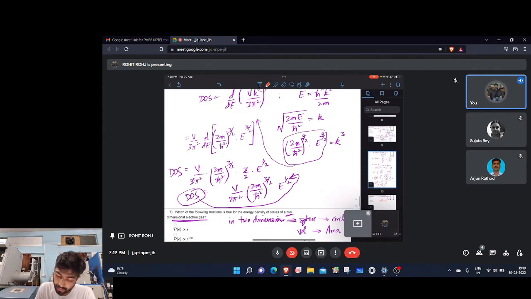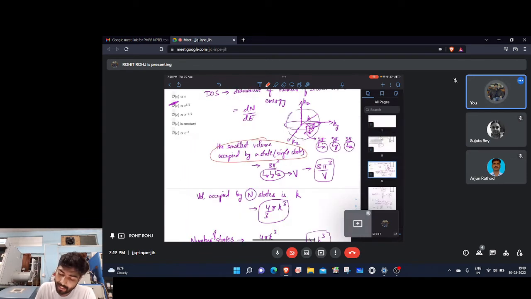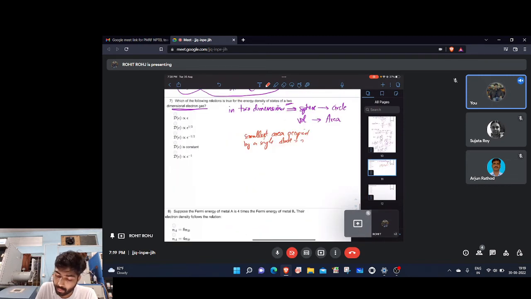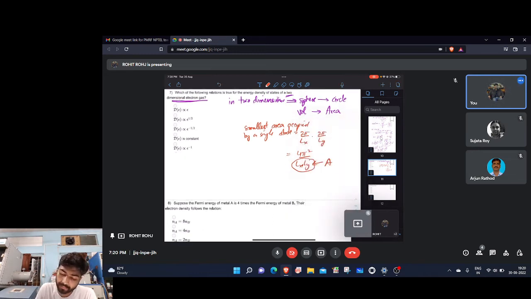Since we had 2 pi by Lx, 2 pi by Ly and 2 pi by Lz as the volume element, now what we will have is 2 pi by Lx into 2 pi by Ly. Let us take x and y as the two dimensions we are talking about, and what we are left with is Lx and Ly, which gives the physical area A of the specimen. So 4 pi square divided by A is the smallest area occupied by a single state.